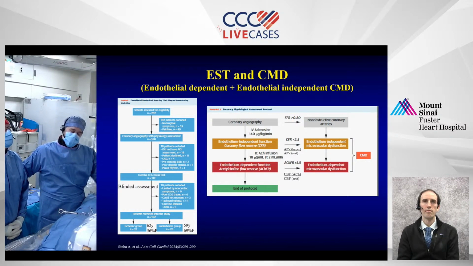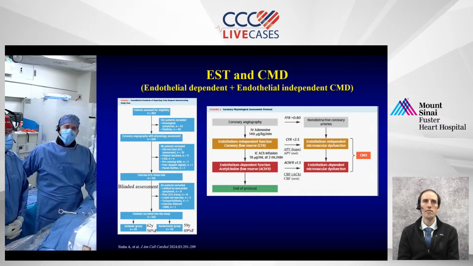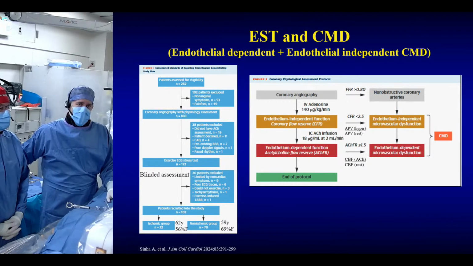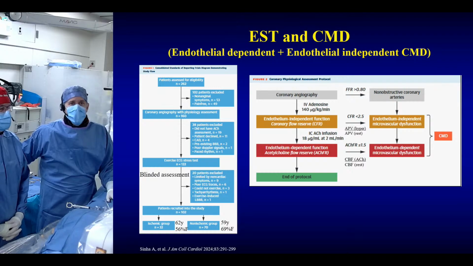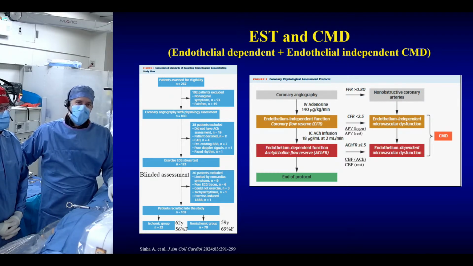After that, they assessed the endothelial-independent mechanism by administering IV adenosine and measuring coronary flow by average Doppler velocity. They were able to calculate a CFR, which is basically the flow with hyperemia over rest.